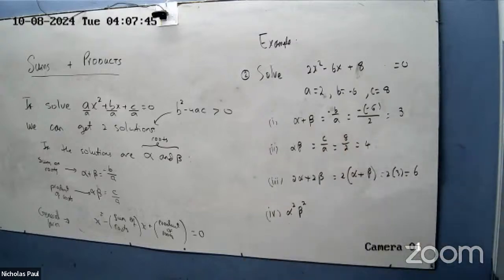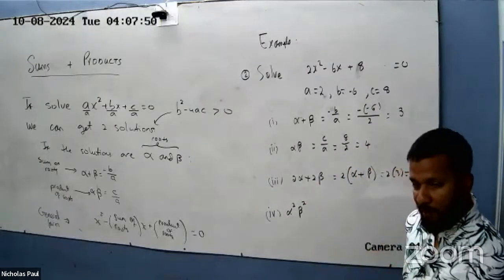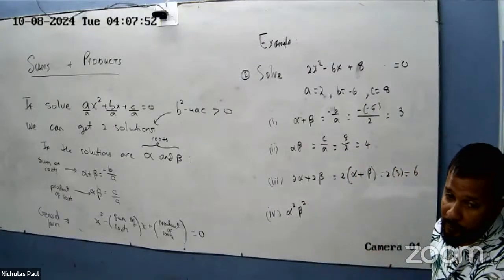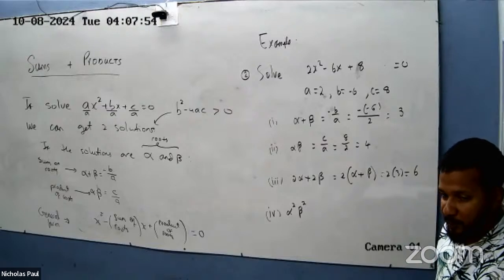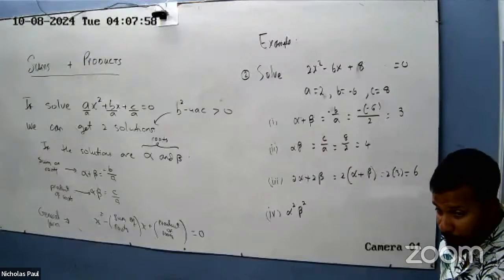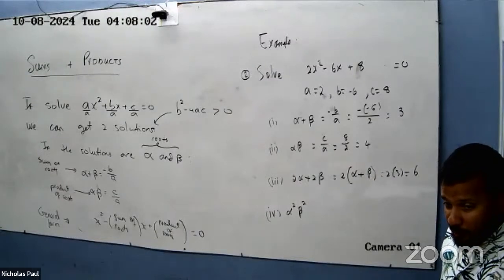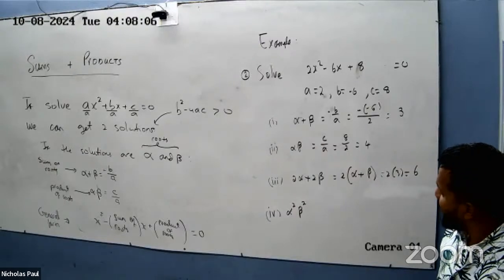What is that? What's this and this? How do you get alpha squared and beta squared? 6 pi 2? How did you come up with that? You're making things up. How did you get that? Tell me now.